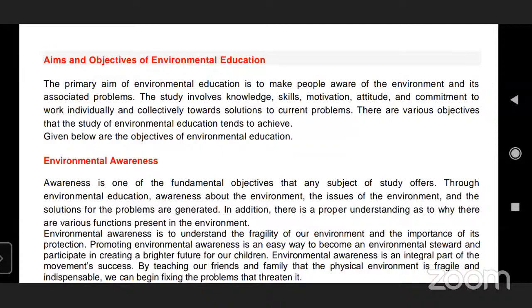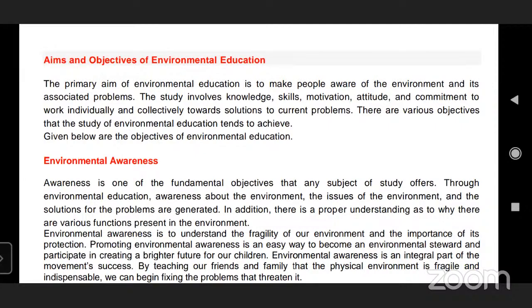Yes, it is my responsibility to protect the environment. It is my responsibility to be eco-friendly, isn't it? So we should create awareness in people, and build skills, motivation, attitude and commitment.